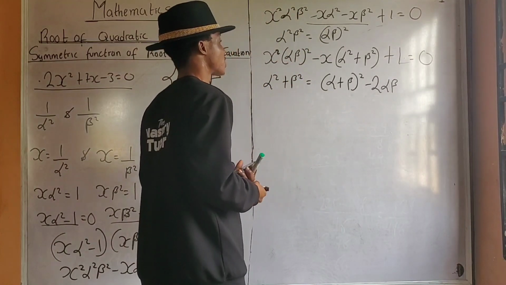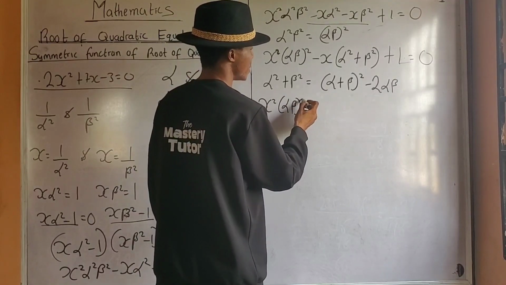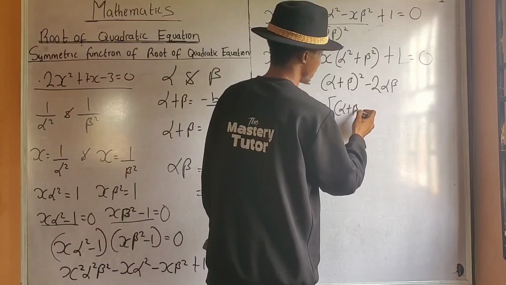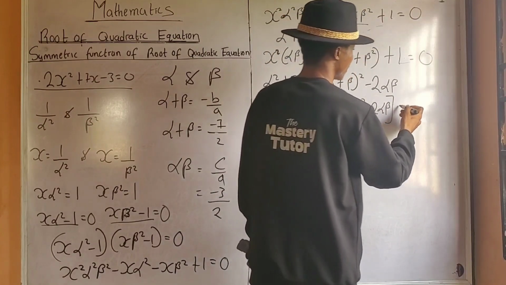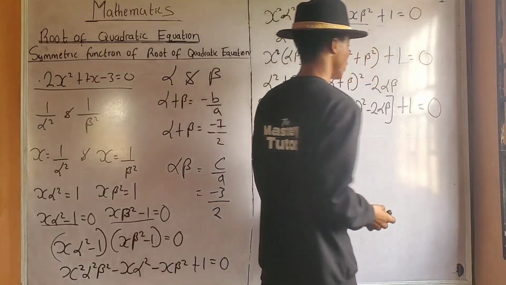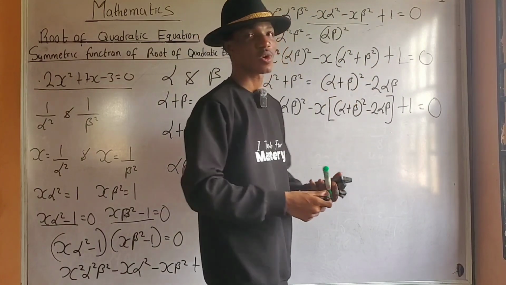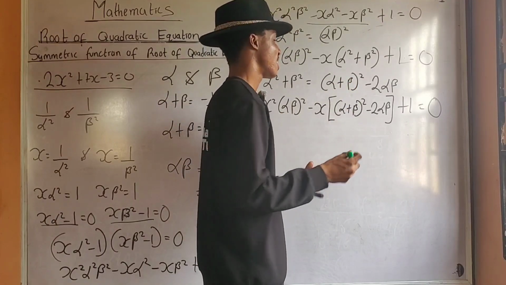So the equation becomes x squared alpha beta squared minus x, open a big bracket, alpha plus beta raised to the power of 2 minus 2 alpha beta, close the big bracket, plus 1 equals 0.